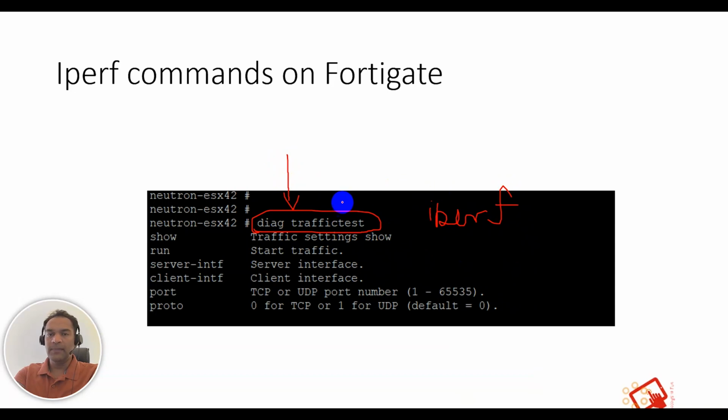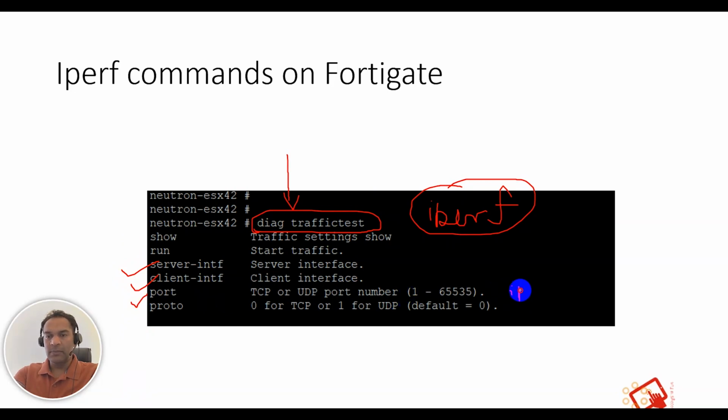So basically FortiGate has iPerf installed, but it is executed by using the traffic test command. When you issue the traffic test command, you can define the server interface, the client interface, and the port on which the iPerf server will listen.